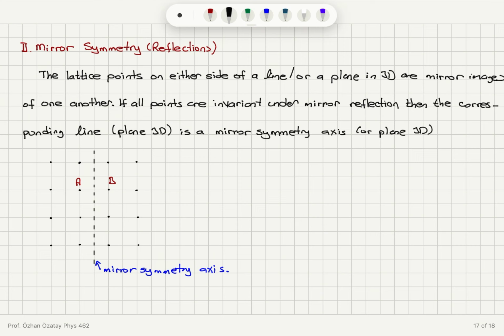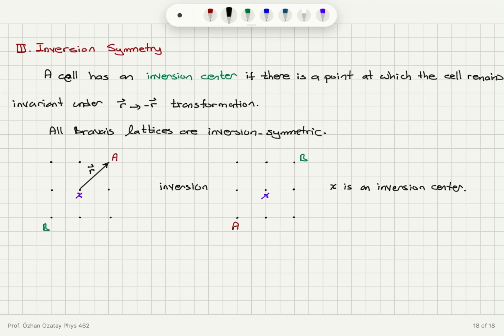When we look at all points that are on one side of the mirror, the other side has a completely reflected version, and basically all points are invariant under mirror reflection for this mirror symmetry axis or mirror symmetry plane.